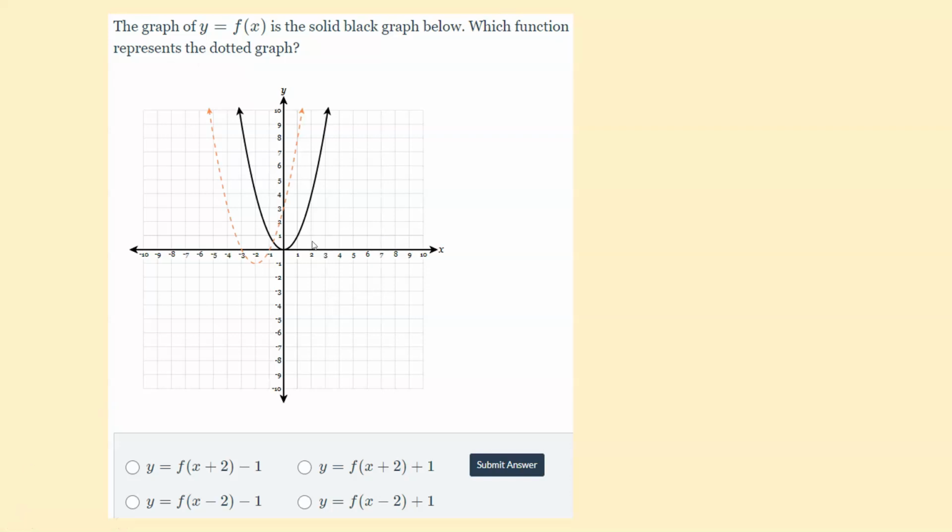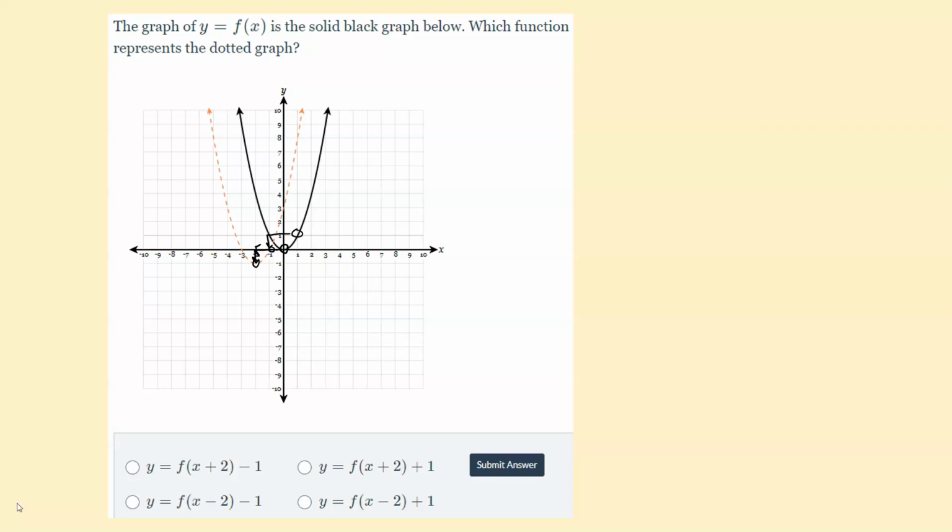For this one, we can see that this point right here, one of our key points, was shifted to the left 2 and then down 1. And we can also see that this point right here is also shifted left 2 and down 1. Since they're both shifted left 2 and down 1, there's no vertical or horizontal shrinking. This is just a shift.